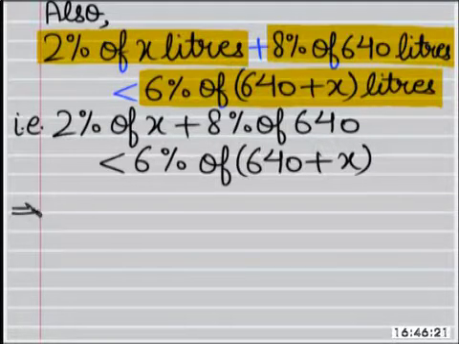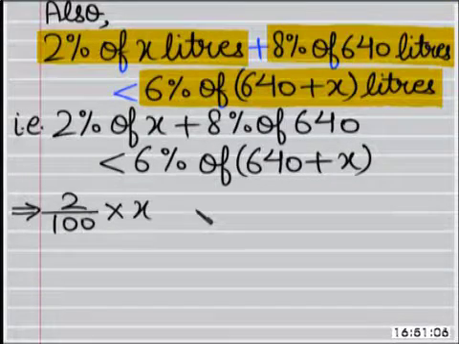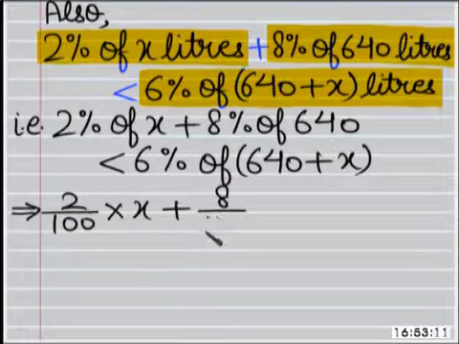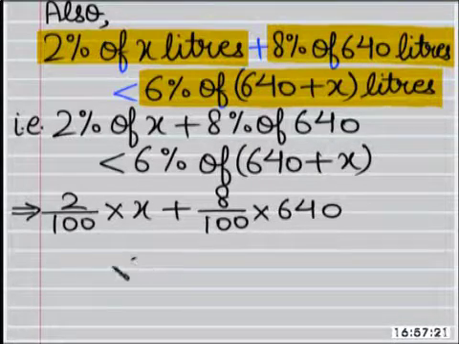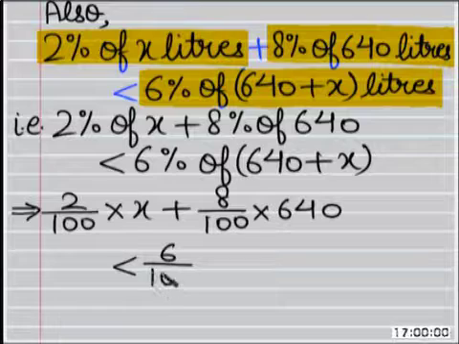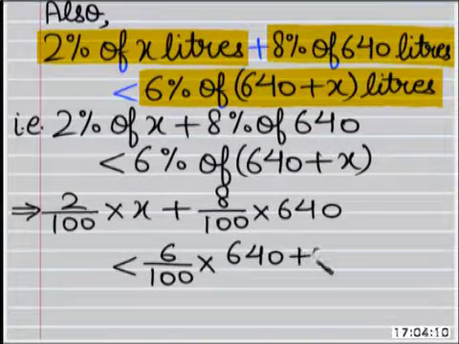This implies 2 upon 100 into x plus 8 upon 100 into 640 is less than 6 upon 100 whole multiplied by 640 plus x.